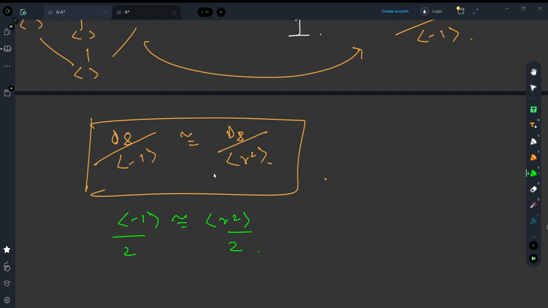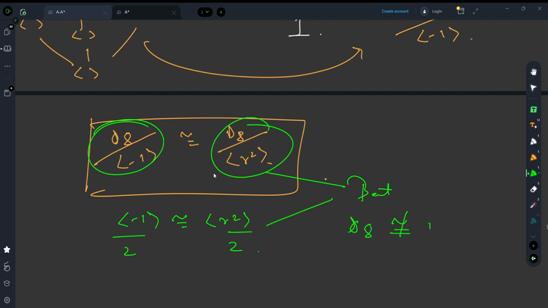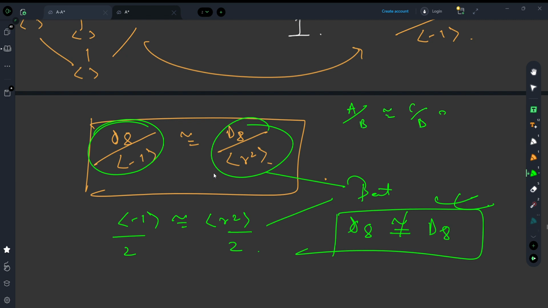So both are obviously isomorphic to each other, and these two quotient groups are also isomorphic to each other, but Q8 is not isomorphic to D8, right? So in a way, we have this observation: A mod B isomorphic to C mod D, and B isomorphic to D does not imply A is isomorphic to C, right?